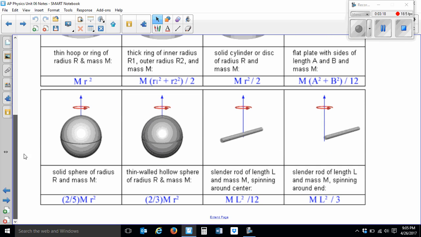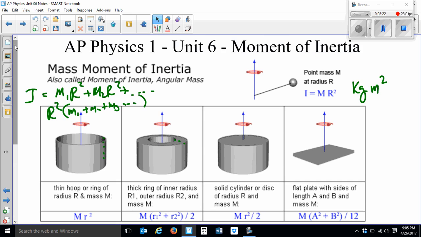Here are various different ways you can calculate that, but one of the nice things that Mr. Holloway has noticed is that the AP test doesn't ask you to calculate these values. A lot of these problems just give you straight up what that moment of inertia is. You don't have to memorize or even really know how to calculate these, so we'll skip over that.